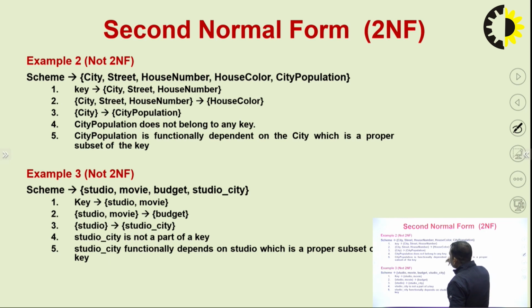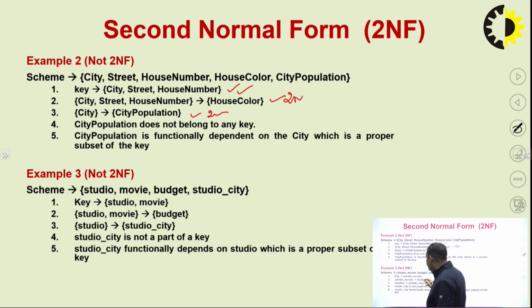Another example, the candidate key is city, state, house number. City, state, and house number determine the house color. It is a second normal form. And city determines the population, which is second normal form.